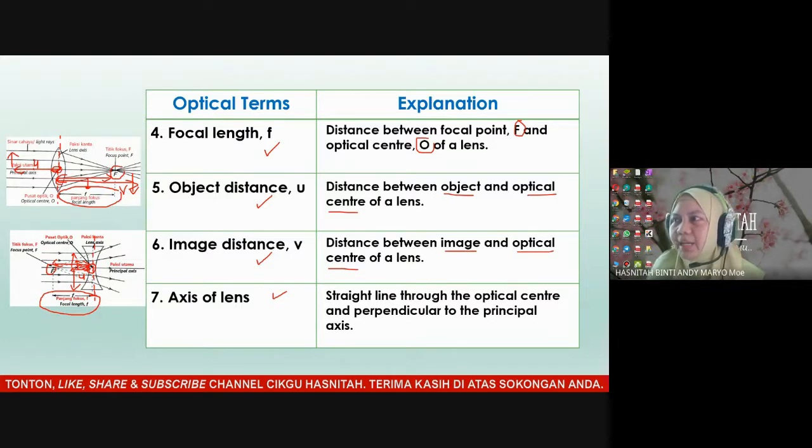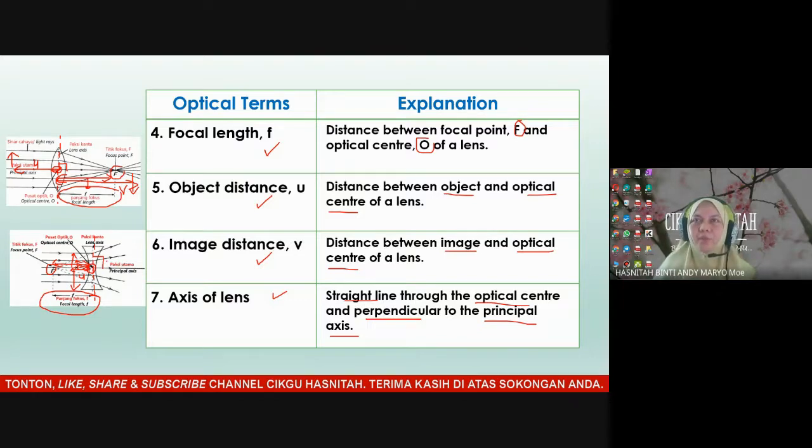This is the optical center, a straight line, and it is perpendicular to the principal axis.